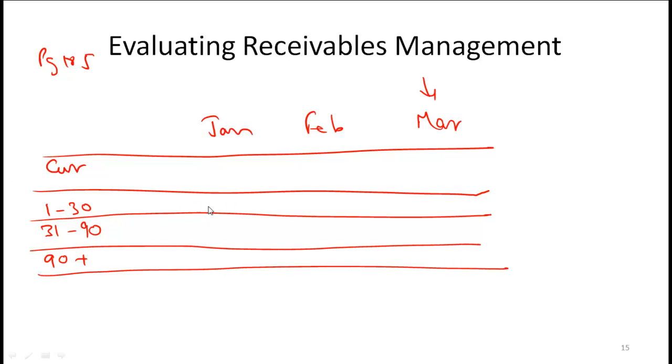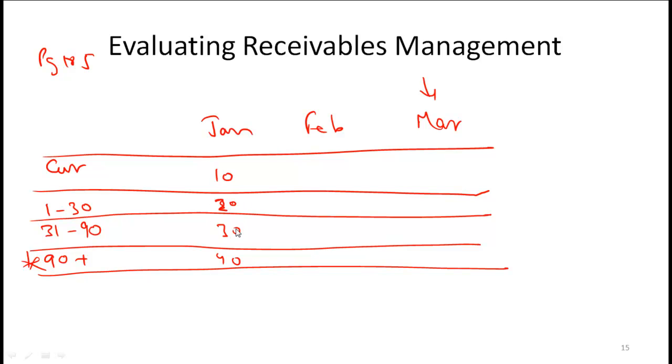So if you have a situation where you have 30%, 30% and 40%, this is the most dangerous cycle. Then you want to evaluate what is happening over time. So if you have a situation like, actually let's just make this 20 and this 10. So this is telling us a picture.